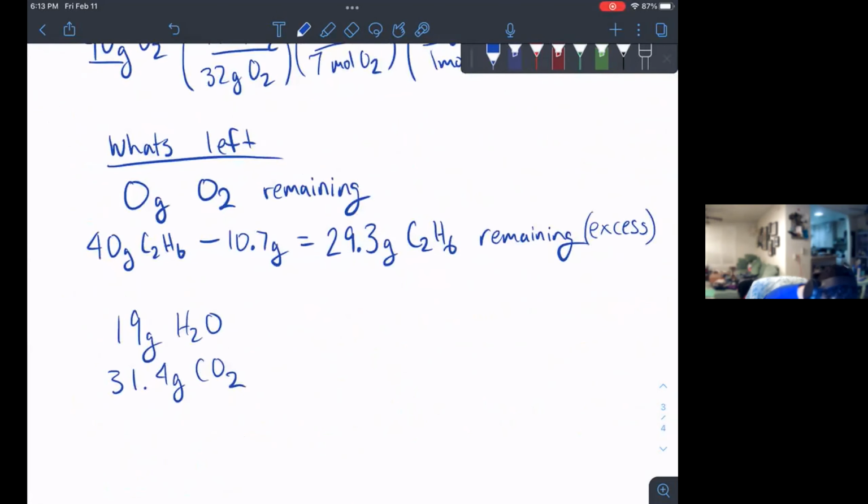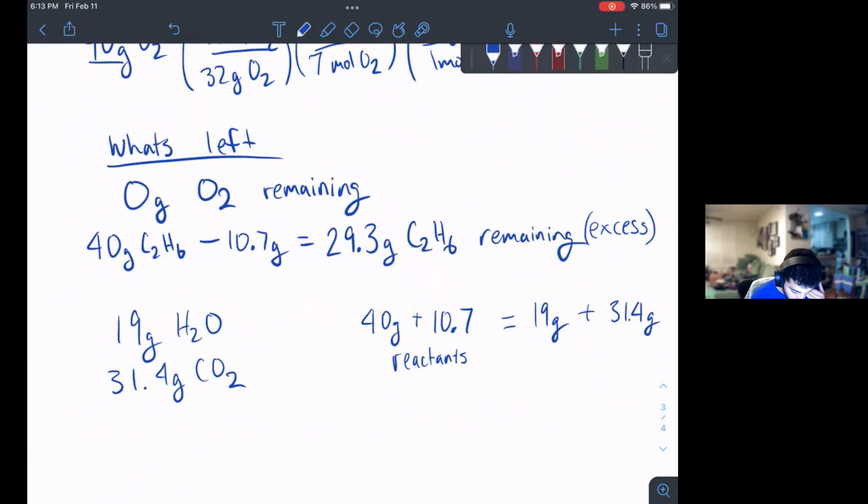If we put in 40 grams and 10.7 grams of reactants, that needs to be the same as the mass of products, which was 19 grams of water plus 31.4 grams CO2, which these get pretty close, I think. Let me do that math real quick. So these get pretty close. It's 50.7 equals about 50.4, which again, we're going to lose some when we do some significant figures.